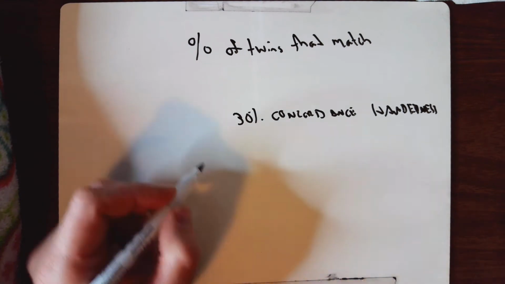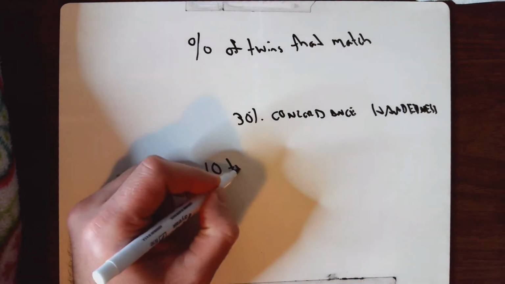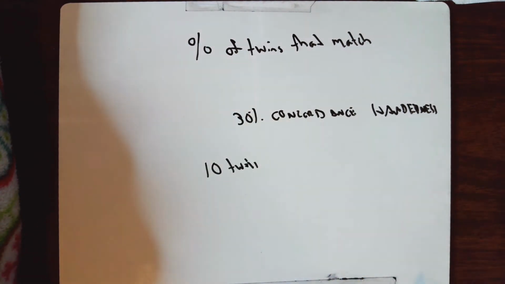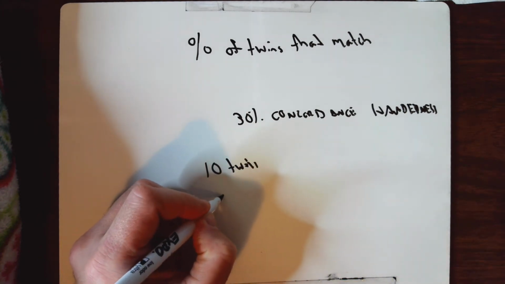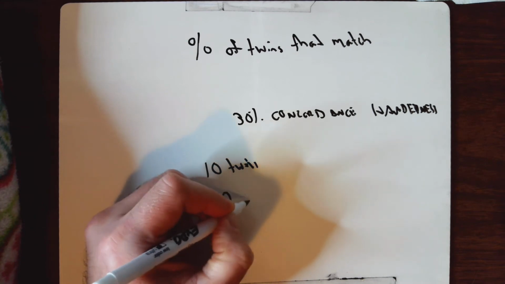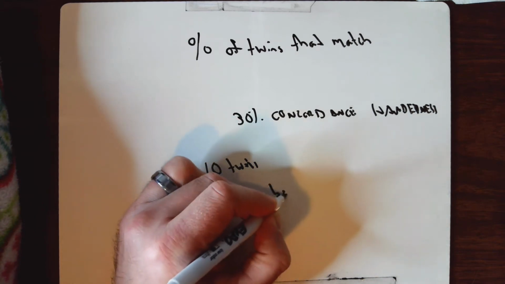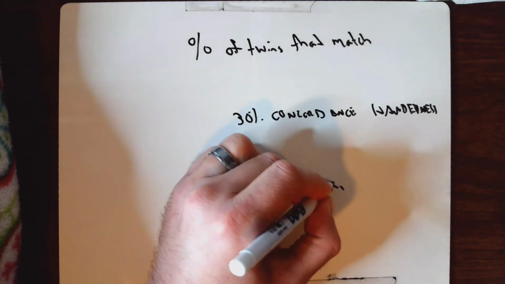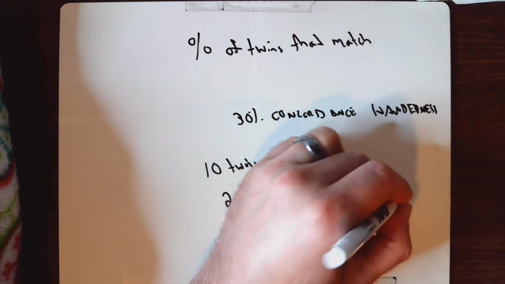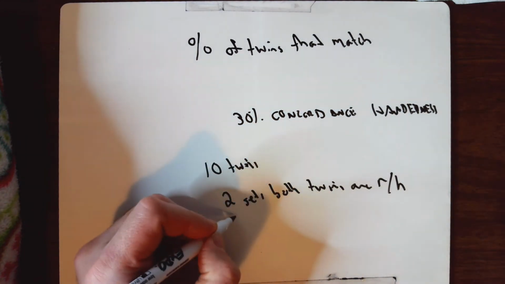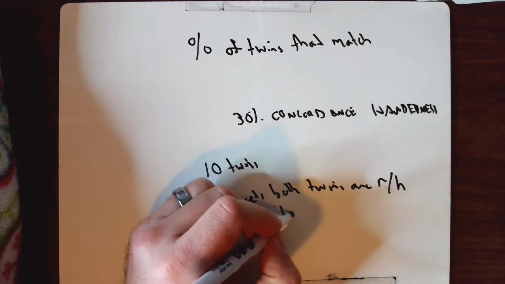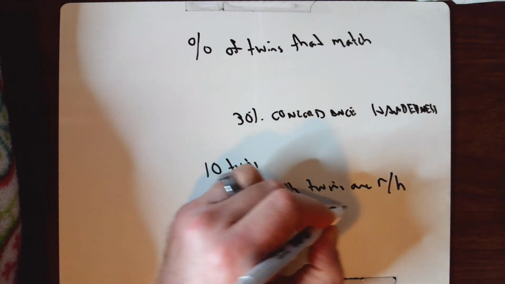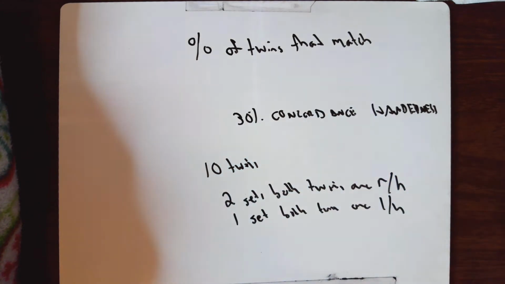What we can do is imagine that we're in a room and there are 10 sets or pairs of twins. And let's imagine for 2 of those sets of twins, both twins are right-handed. And let's say for another set of twins, a single set of twins, both twins are left-handed.